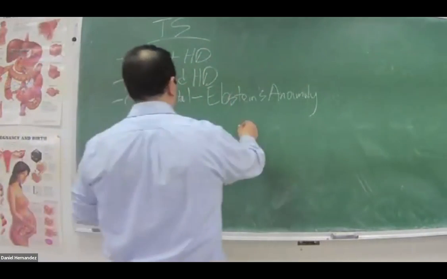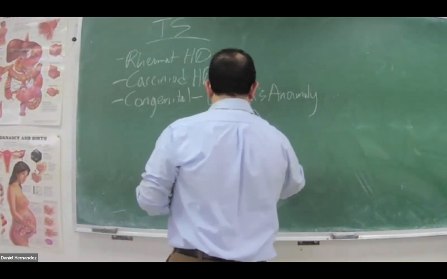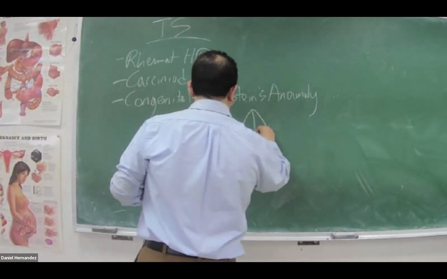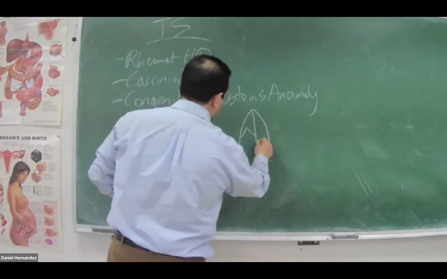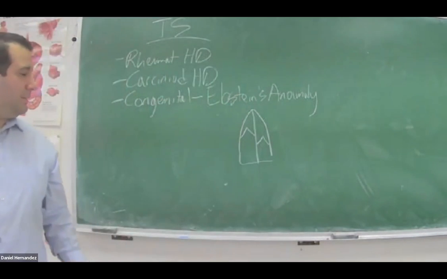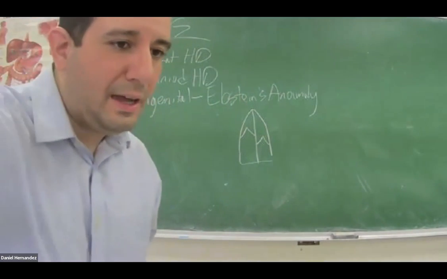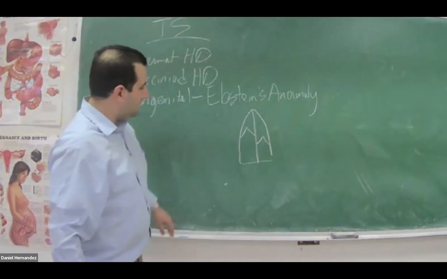So we can really appreciate that in our apical 4-chamber view. So in that case, you'll notice that you'll get your tricuspid valve displaced towards that apex. So they often refer to that as atrialization of the right ventricle.